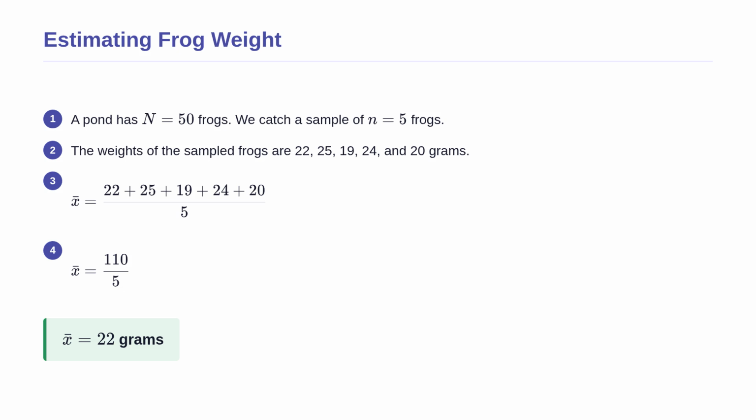We substitute these 5 weights into the numerator of our sample mean formula and divide by our sample size of 5. Adding the weights gives us a total of 110 grams. Dividing by 5 gives us a sample statistic of 22 grams. This 22 grams is our best educated guess for the true average weight of all the frogs in the pond.